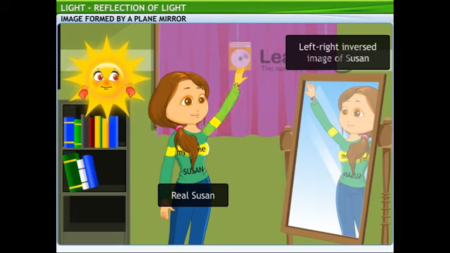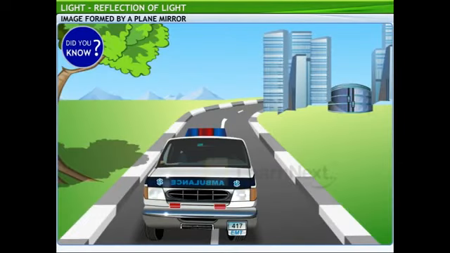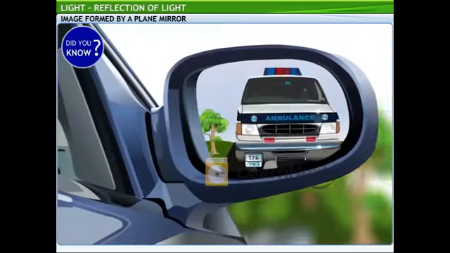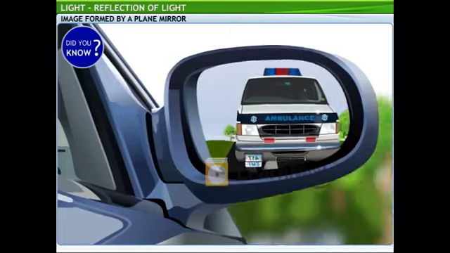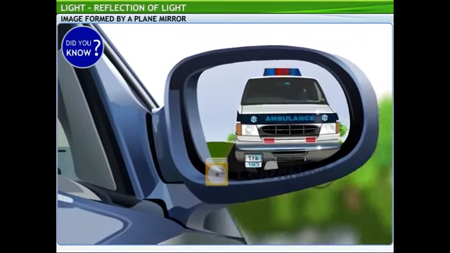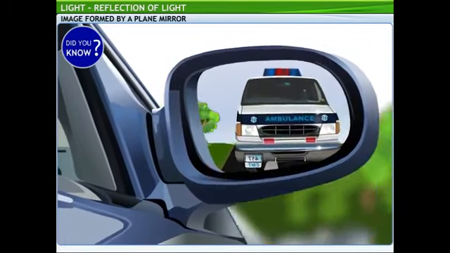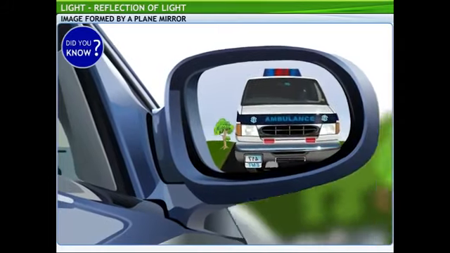It looks like I'm wearing it on the right hand. I see what you mean now. Did you know, ambulance is written left to right inversed on an ambulance, so that when the driver in a vehicle ahead looks into his rear-view mirror, he can make out the word ambulance quickly and give way.